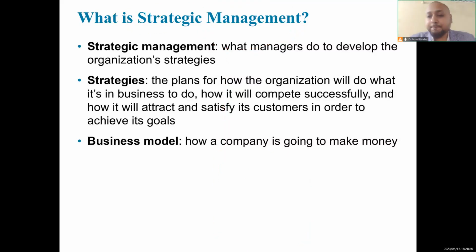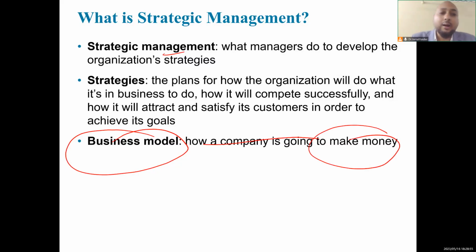One often-used term in strategic management is the business model, which is simply how a company is going to make money. It focuses on two things. First, whether customers will value what the company is providing, right? And then whether the company can make money from that. So in a simple sense, how the company is going to make money.